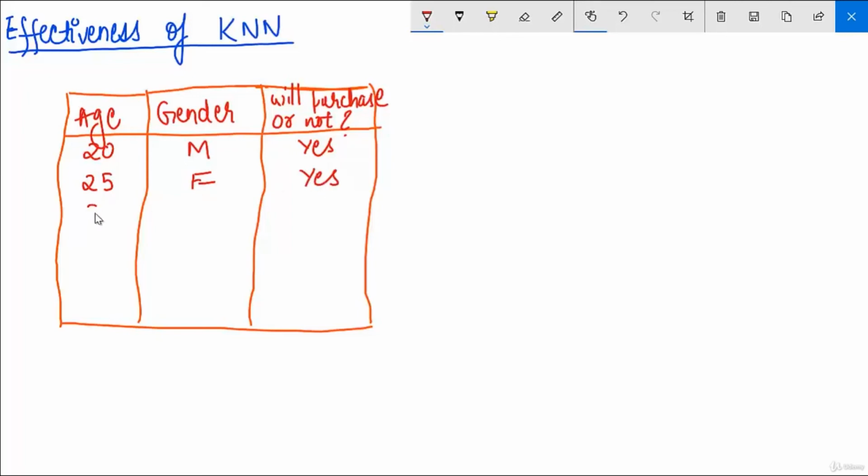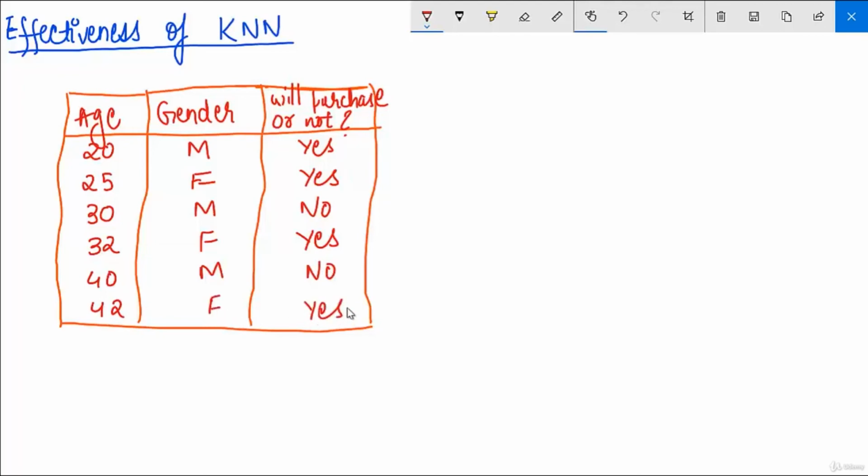Then 30 years old, male, he will not purchase, no. Then 32, female, yes. 40, male, no. 42, female, yes.